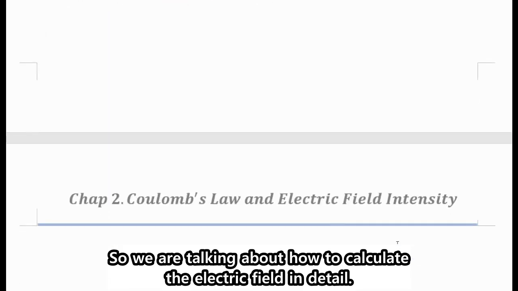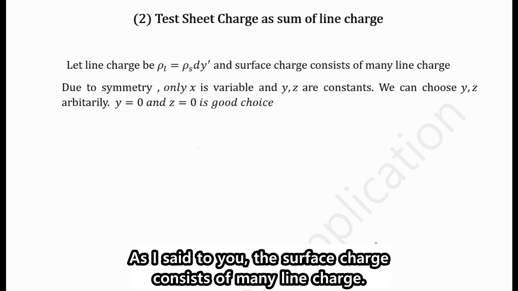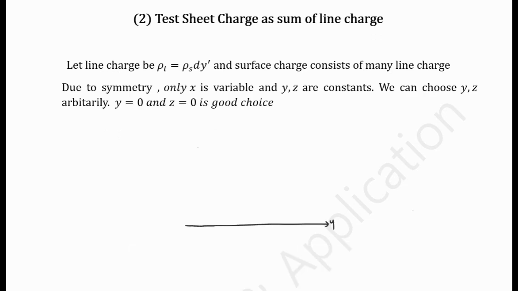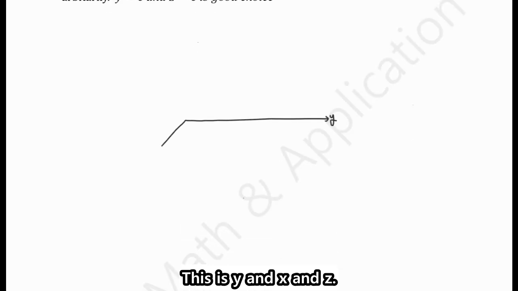So now we talk about how to calculate the electric field in detail. As I said, the surface charge consists of many line charges. This is y, x, and z.